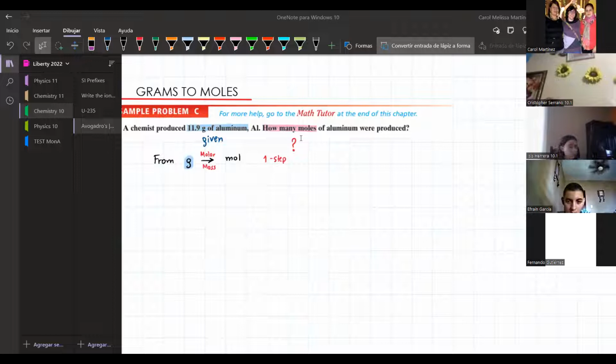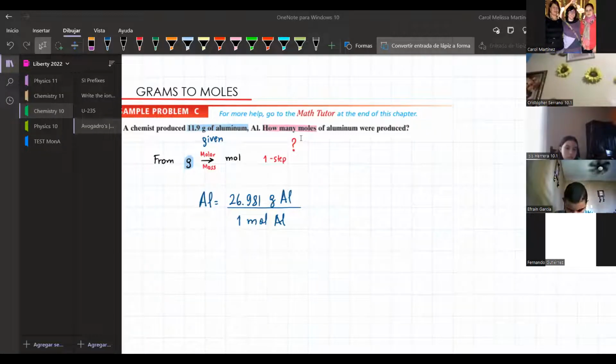Aluminum. Okay, we know that aluminum is equal to how many grams? 26.981. So we say there are 26.981 grams of aluminum in 1 mole of aluminum, okay?